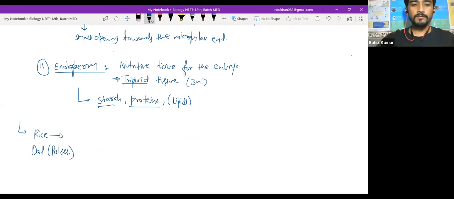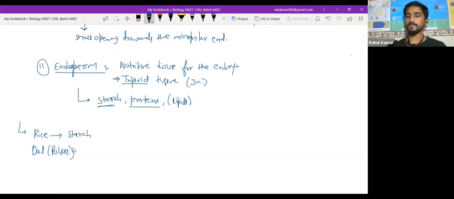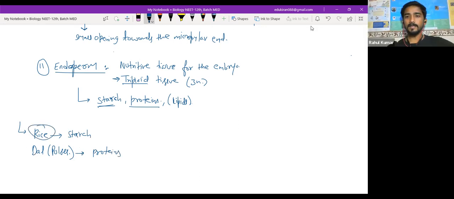That you have studied from very junior classes. We know that rice is a good source of what? Carbohydrates. Perfect. Carbohydrate, or we call it starch. What are dals a very good source of? Proteins. But both rice and dal are nothing but seeds, no?